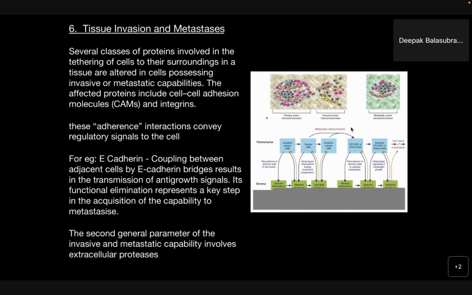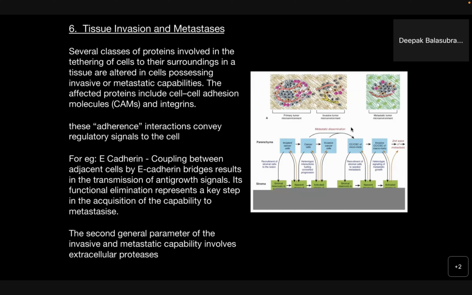The affected proteins are mostly cell adhesion molecules and integrins. When you lose the cell adhesion, the tumor tends to dissipate. There results an invasive tumor microenvironment, and from this microenvironment, the tumors can enter into the blood vessels and lymphatics.